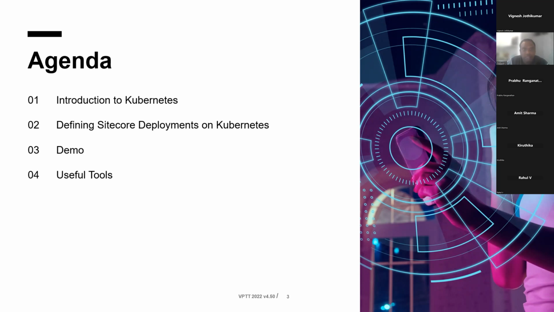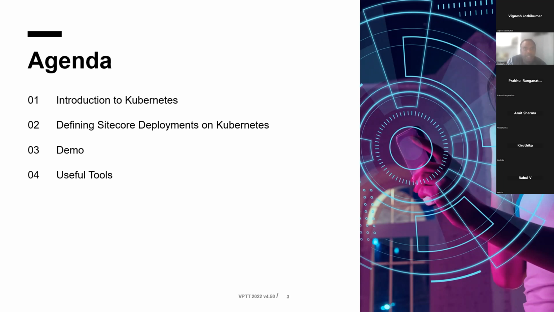As part of this, we are going to see how to form the YAML definitions for our Sitecore instances, which helps to host our Sitecore instance on Kubernetes, because it's going to be a bit different from how we used to do Sitecore deployments before.